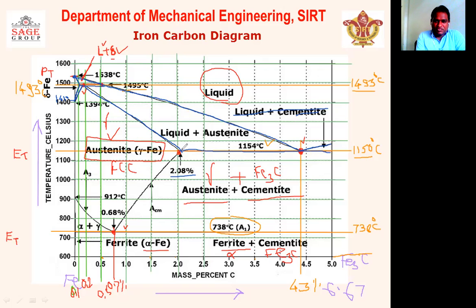Now join this point to the eutectoid point. Then we also have to draw the curved line that starts from 910 degrees Celsius. So start the line from this temperature and join it to the eutectoid point like this.